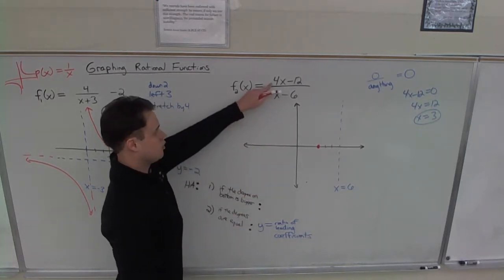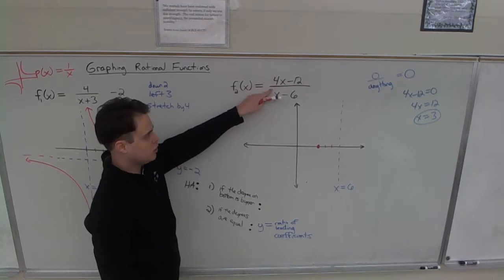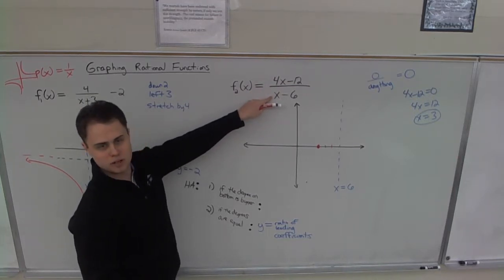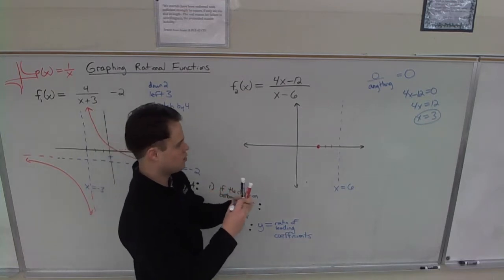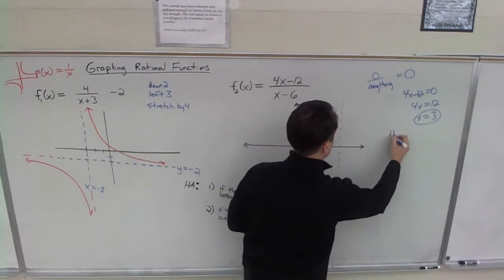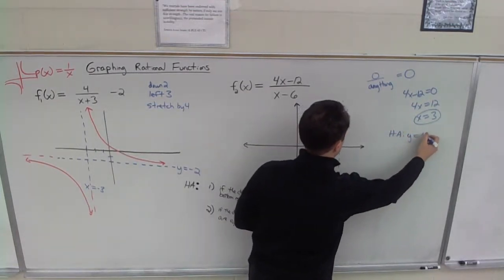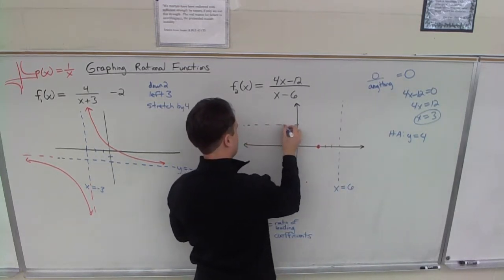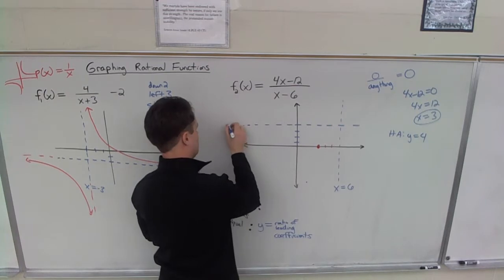So in this case, leading coefficient on top is 4, leading coefficient on bottom is 1. What's 4 over 1? 4. So that's why on this problem we're going to get a horizontal asymptote of 4. So we can graph it. There it is.